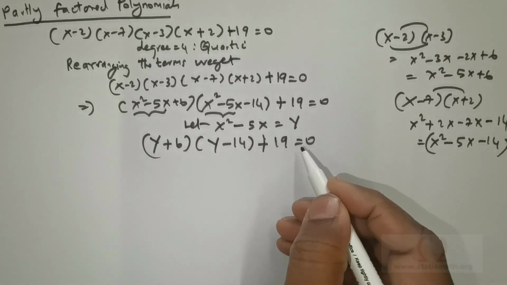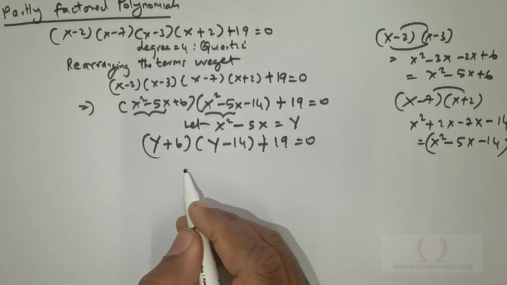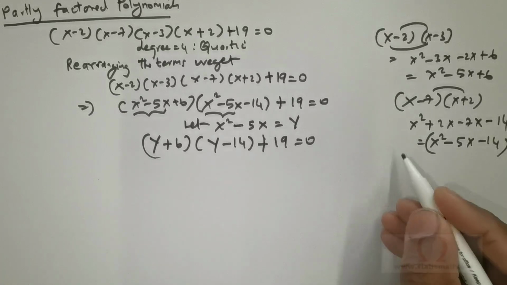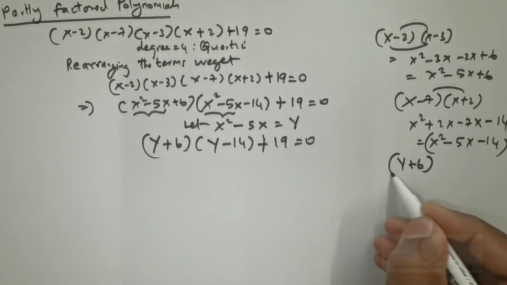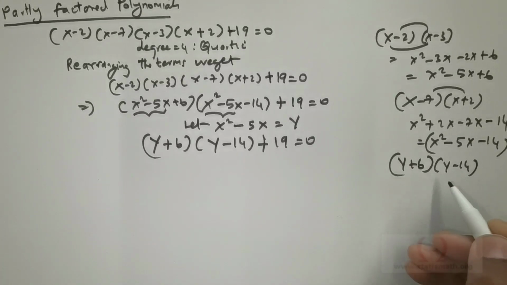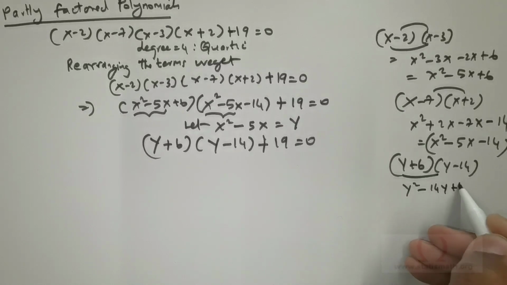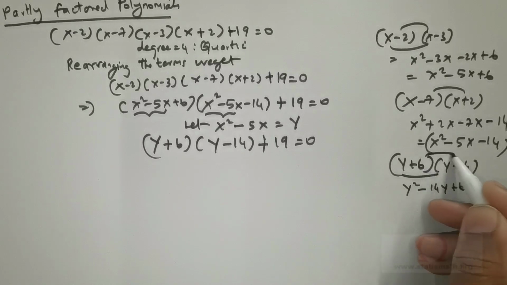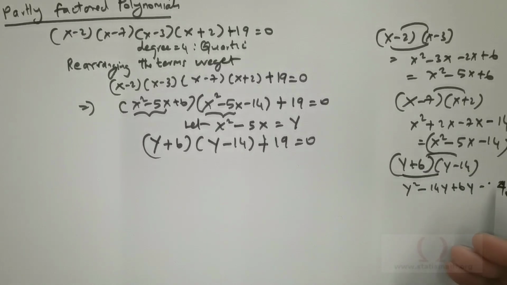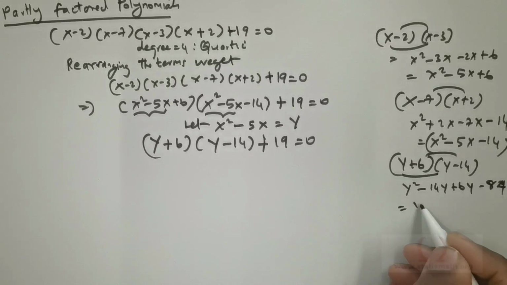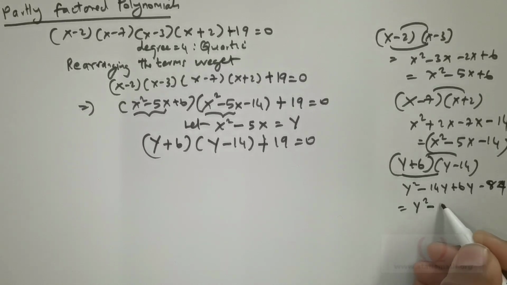Now let me multiply (y + 6) with (y - 14), and that would give me y squared - 14y + 6y - 84. This is rewritten as y squared - 8y - 84.